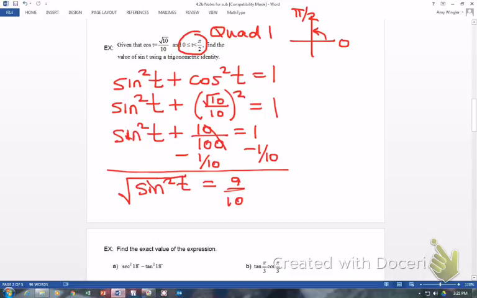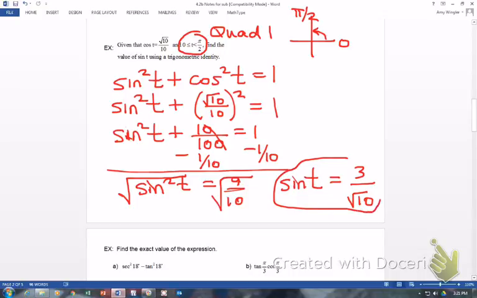You can do that with trig, and the square root of sine squared is sine. T is the angle. It just always stays with the trig function. The square root of 9 is 3, and the square root of 10 is radical 10.